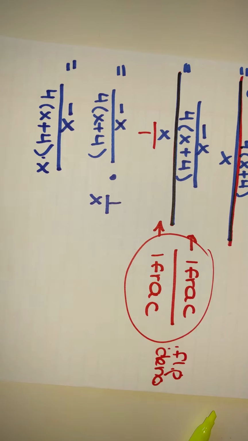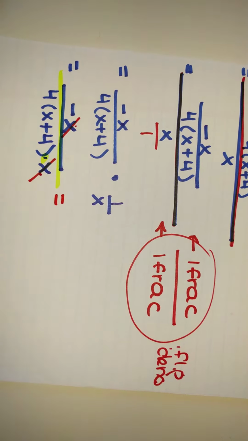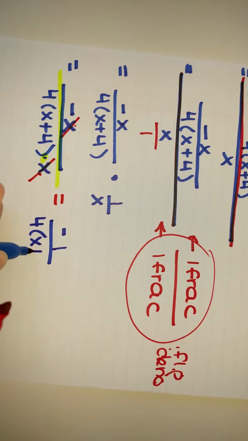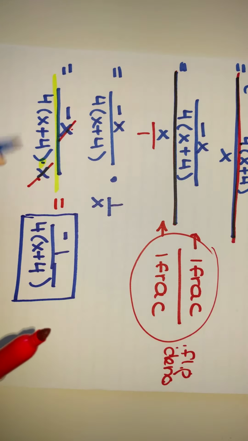This x is being multiplied, and multiplication will be undone by division. So multiplication and division are undoing each other. The x's we can cross out here, and we are left with negative 1 over 4 times x plus 4. And that is our final answer for a simplified fraction.